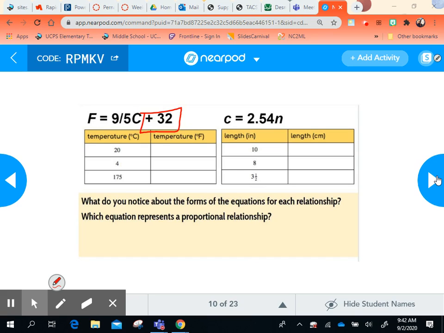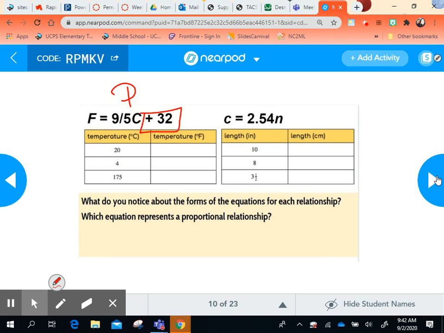Best guess. Okay, so everybody thinks the first one is going to be proportional. Let's see. What do we know about a proportional table? Do you remember?